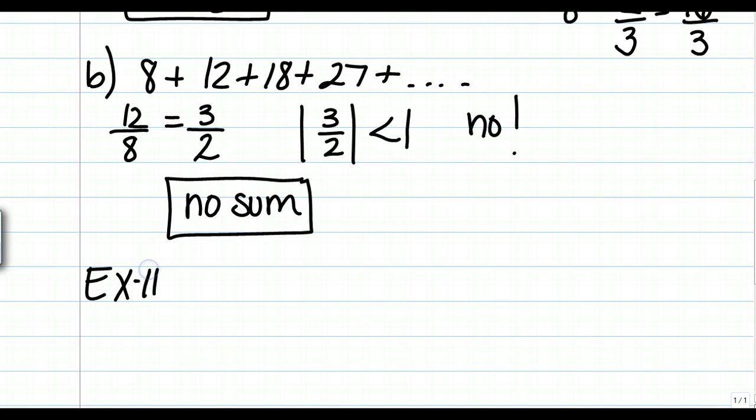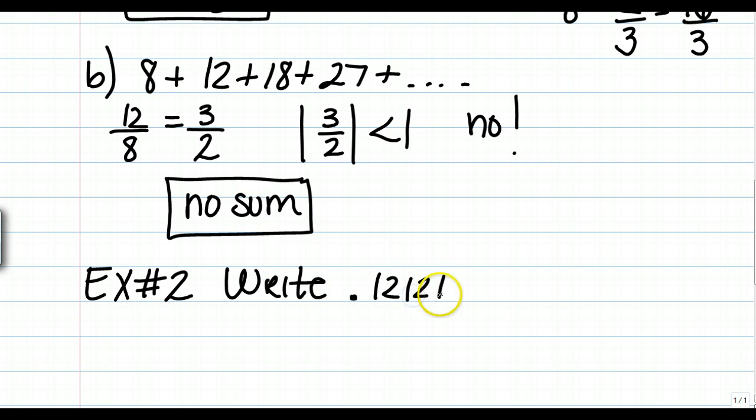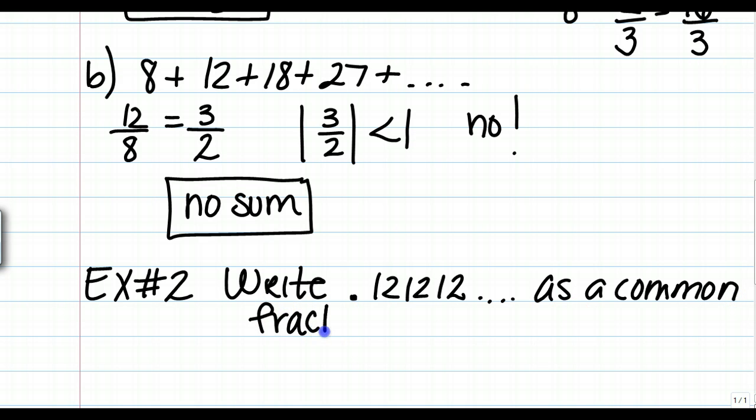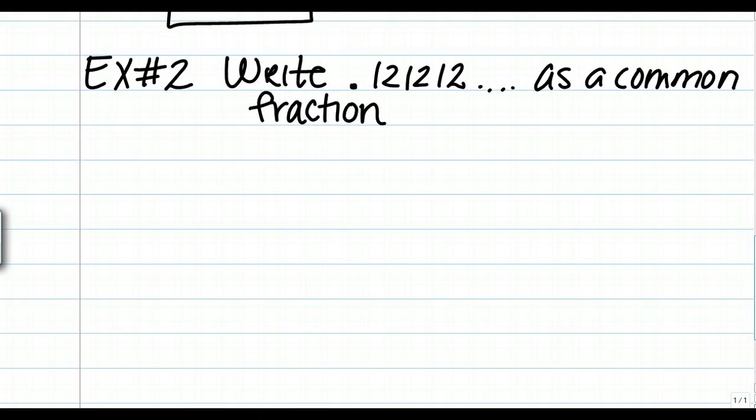Example number 2. It says write 0.121212... as a common fraction. So basically, you know that this 12121212 is repeating forever. So you want to break it down into the repeating parts. The first one is just 0.12.